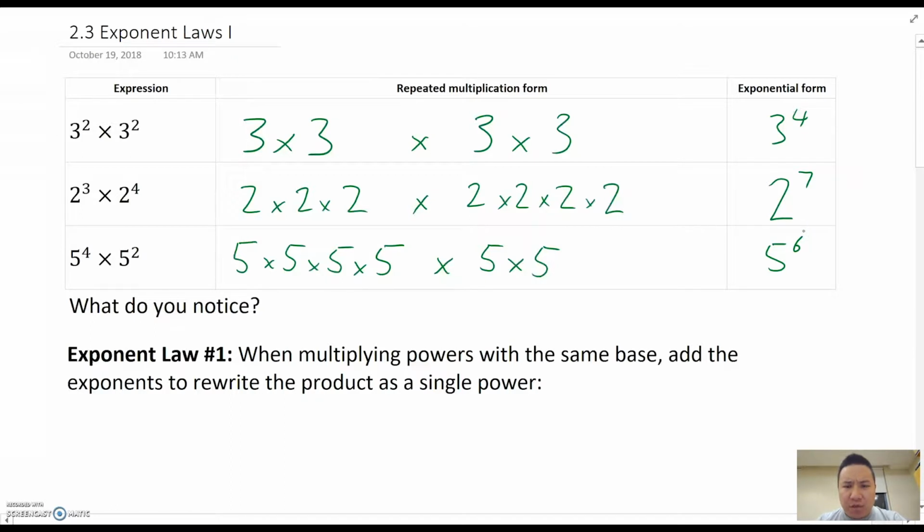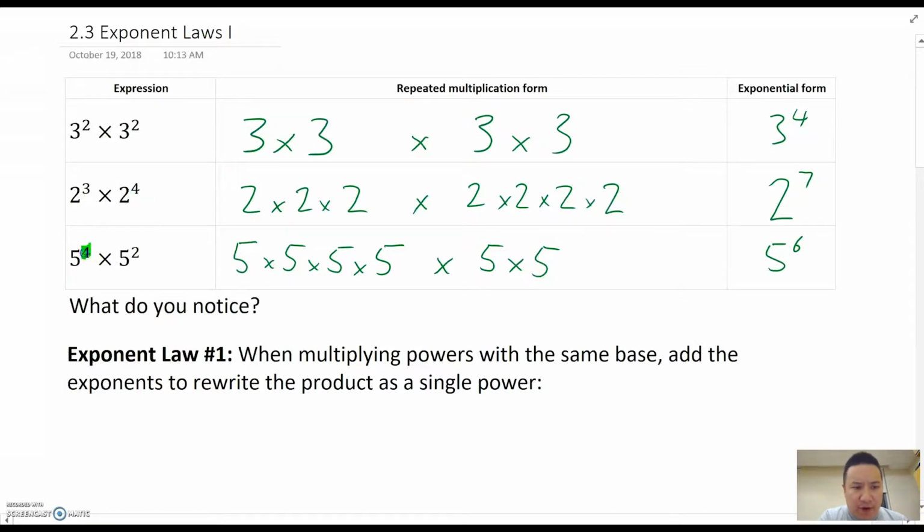Okay. So if you take a look at the exponents here, what's happening is 3 to the power of 2 and 3 to the power of 2, we ended up with 3 to the power of 4. And 2 to the power of 3 and 2 to the power of 4 turned into 2 to the power of 7.